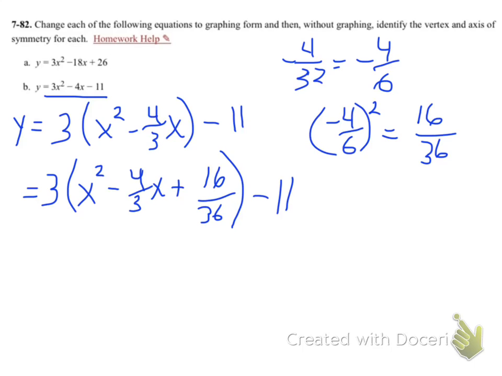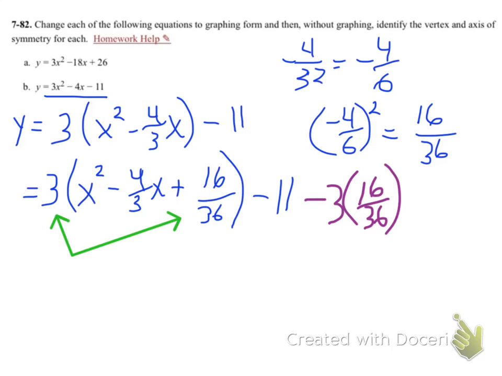My negative 11 stays on the outside, but now again, this number here is being distributed to the 3. So what I need to subtract away now, minus 3 times 16/36. Again, it's the number here times the number 3 that is being distributed to it.